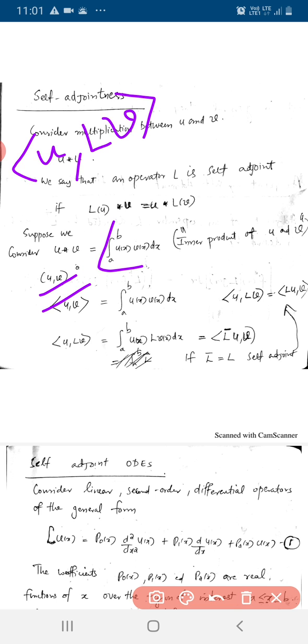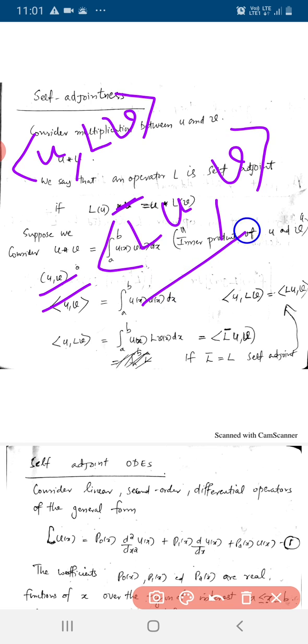In this type of notation, it is L adjoint: L adjoint u comma v. So the inner product of an operator L adjoint acting on u, comma v, the inner product of L bar u and v.